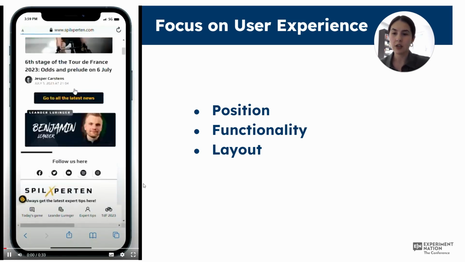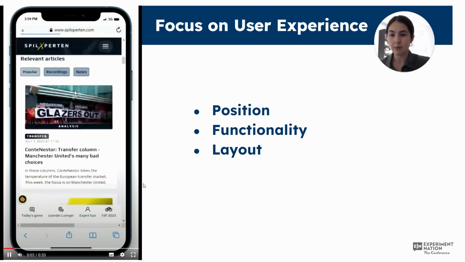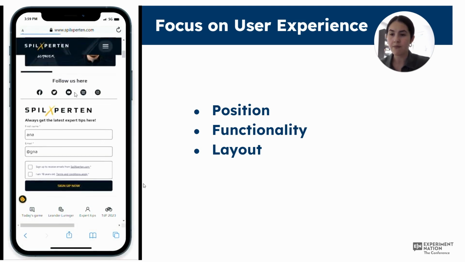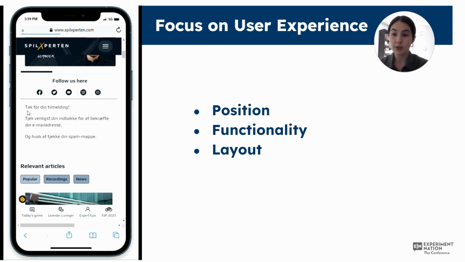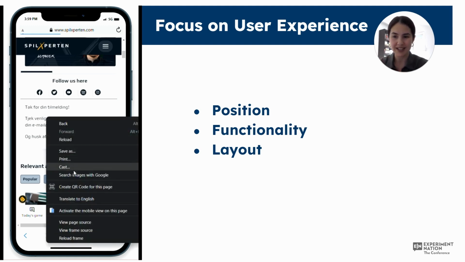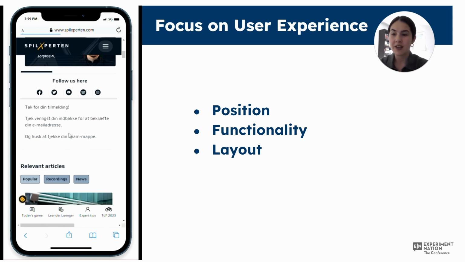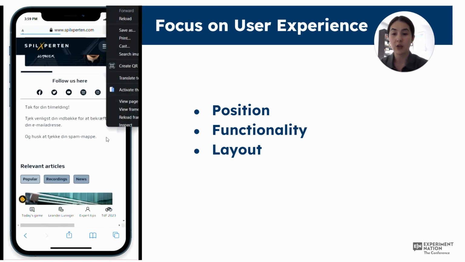Now let's take a look at this Danish media site and their form. As you can see, I deliberately wrote down a wrong email address. I wanted to check what will happen if I make a mistake. And it took me a long time to translate this message, but what I finally got was a thank you note.